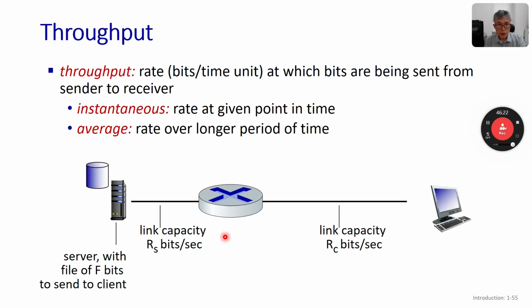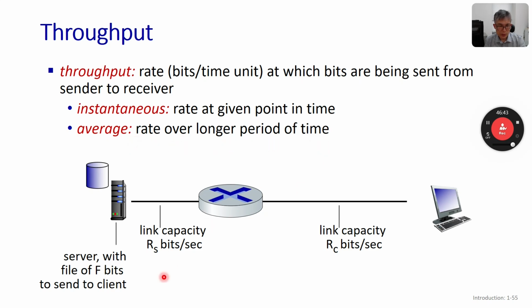The throughput is the rate, in bits per unit time, at which bits are being sent from sender to receiver. We have two kinds of throughput: instantaneous, the rate at a given point in time, or average, over a certain period of time.